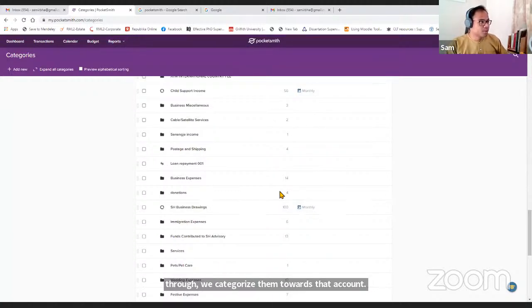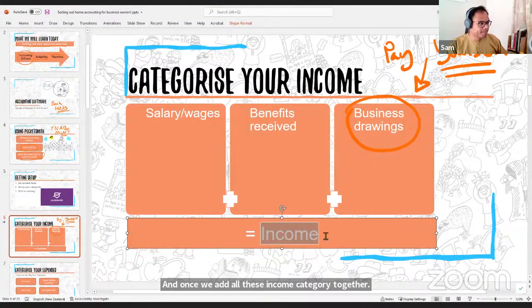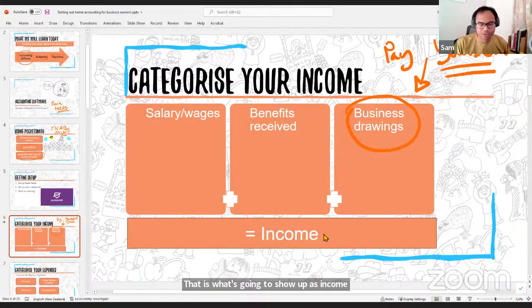And once we add all these income categories together, that is what's going to show up as income on our PocketSmith reports, right? So it's still the same basic accounting process. It's really similar to working out your taxes at the end of the year, except that you can't be using this software to work out your taxes, because as a business owner, your taxes are going to be paid from the business side of things.